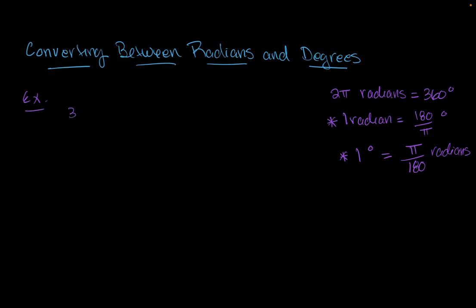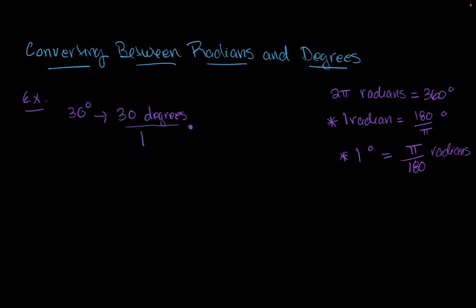What if we have 30 degrees and we want to convert that to radians? Sometimes it's helpful if you go ahead and write this with the word degrees. And we need to multiply this. So if you're trying to figure out, do I multiply it by 180 over pi or pi over 180? You look at your units and you go, okay, I have degrees in my numerator here if I make this a fraction.